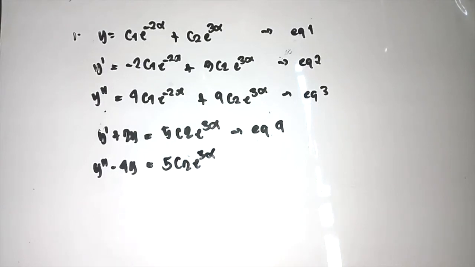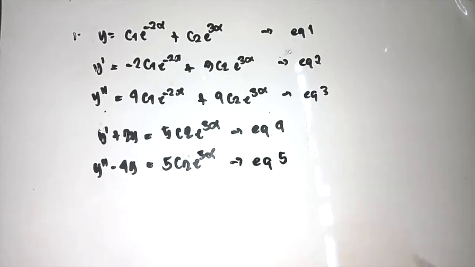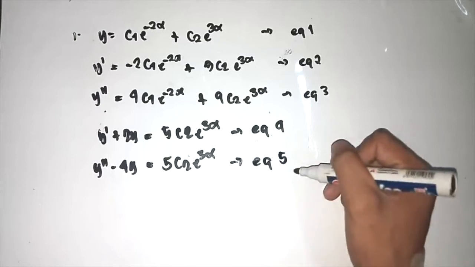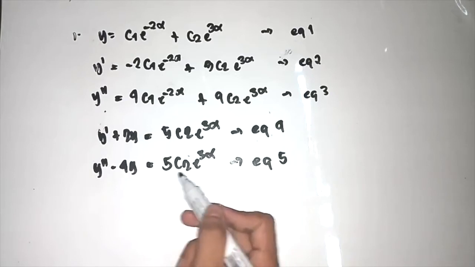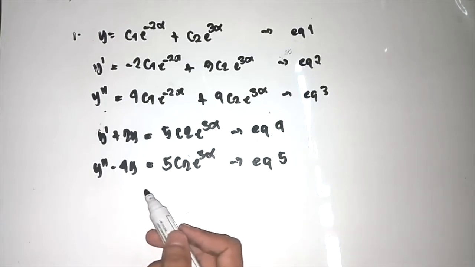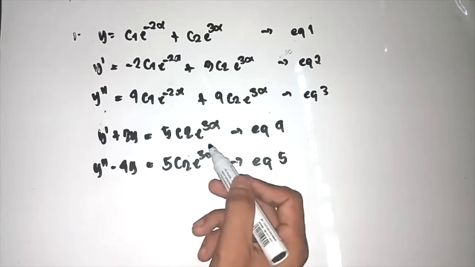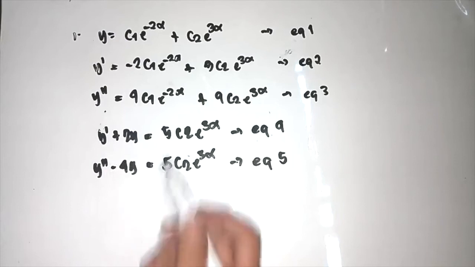Now we have equation 5. So the last thing we need to do is equate equation 4 and equation 5. Since 5c2 e raised to 3x is equal to y double prime minus 4y, and 5c2 e raised to 3x in equation 1 is equal to y prime plus 2y.